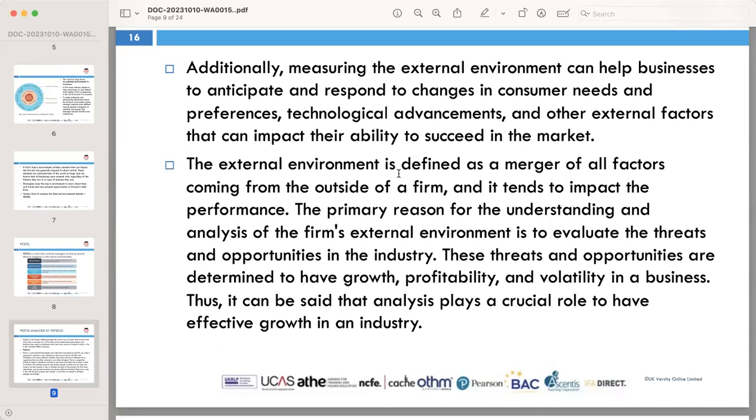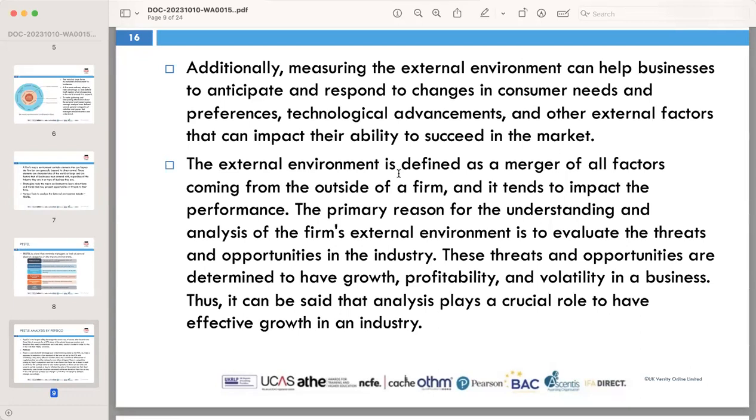So the external environment is a confluence of all factors originating from outside the firm, and it exerts a substantial impact on the company's performance.